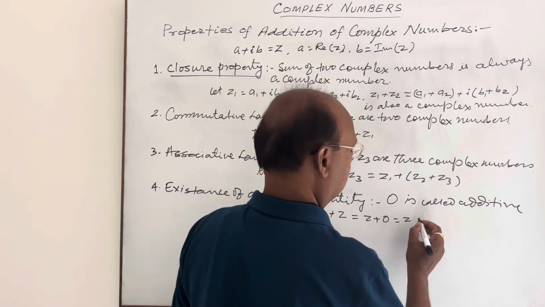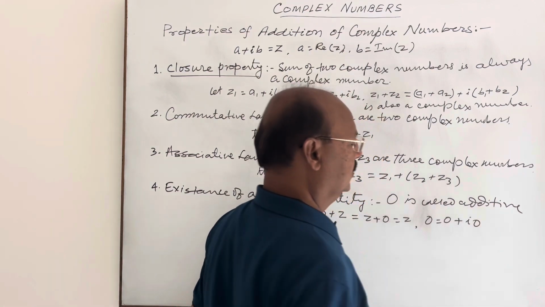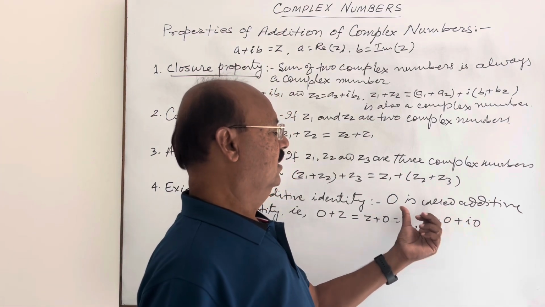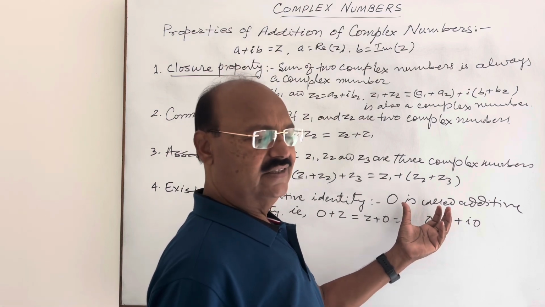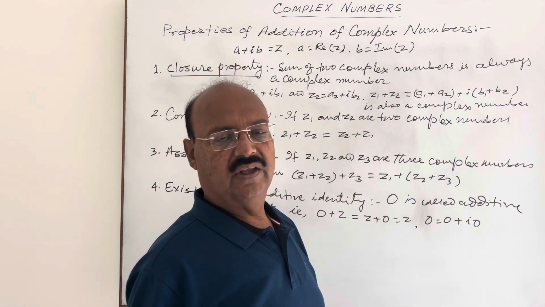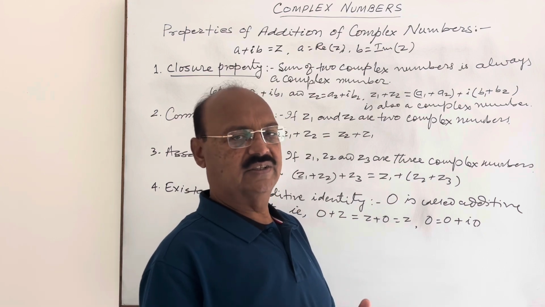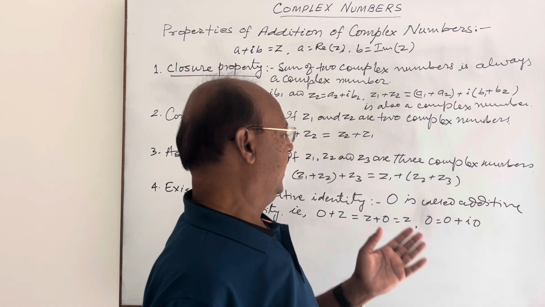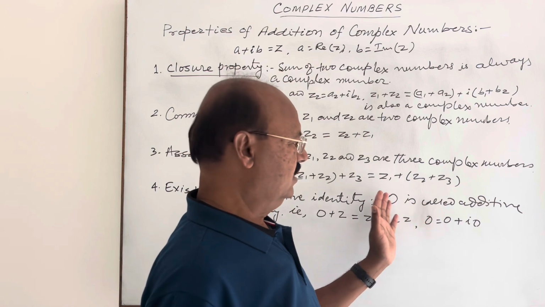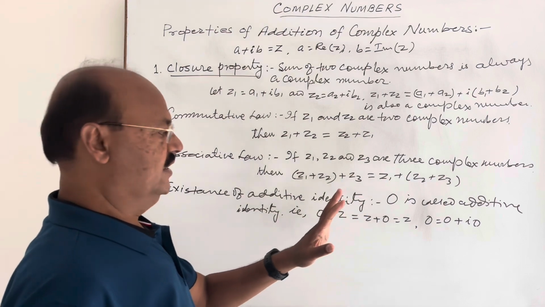So what is the meaning of 0? 0 is a complex number, 0 plus i0, meaning both the real part and the imaginary part are 0. In fact, this is a real number, but you must know that all real numbers are complex numbers. The set of real numbers is a subset of complex numbers. So we should not confuse that 0 is a real number but we are calling 0 a complex number. There is no scope of confusion here. So 0 is called the additive identity.